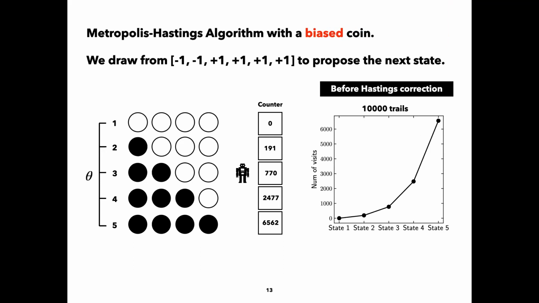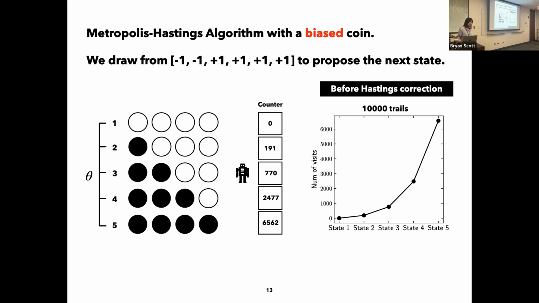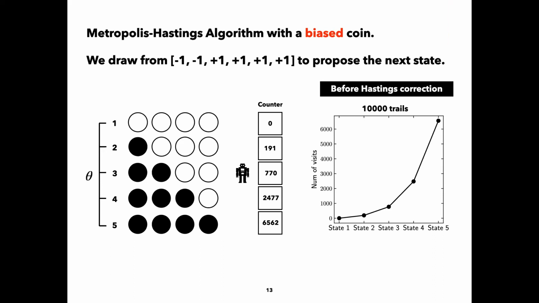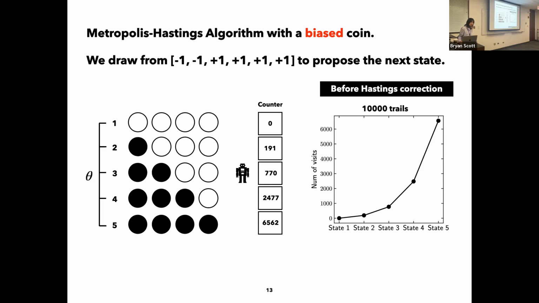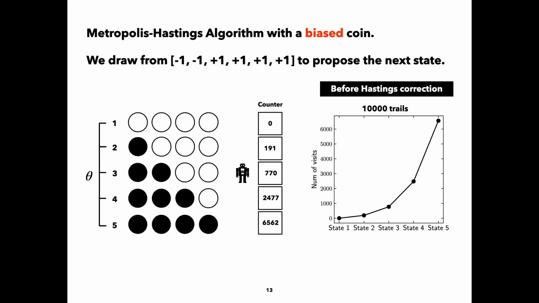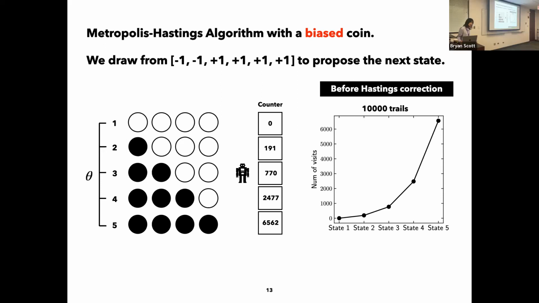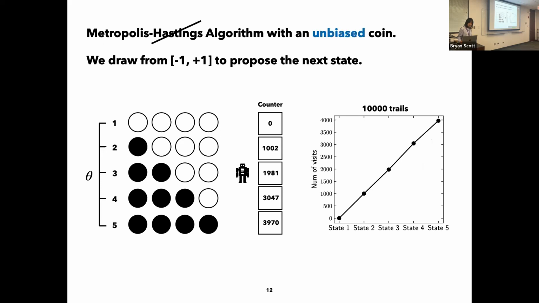We have a higher probability of getting a +1 than a -1. When we use this proposal kernel to estimate the posterior, we are very much biased towards higher states. That's when the Hastings parameter becomes important.